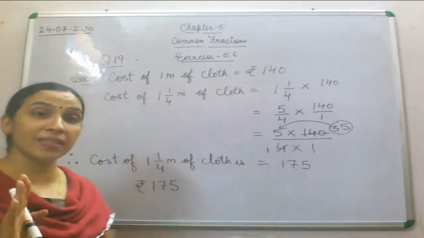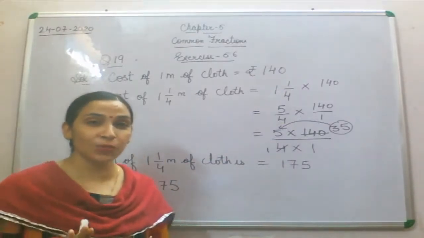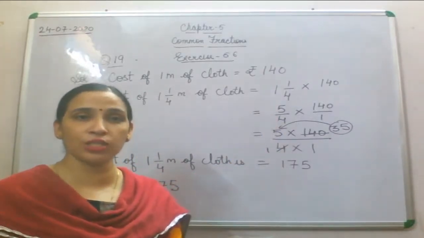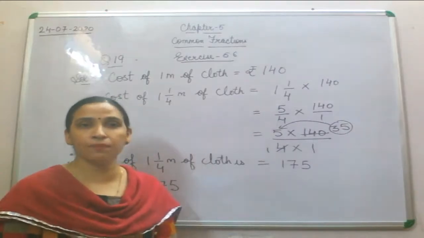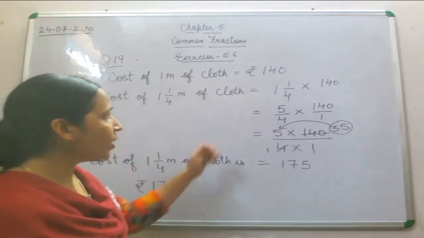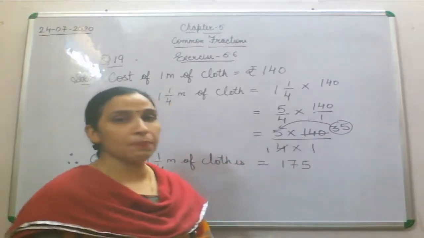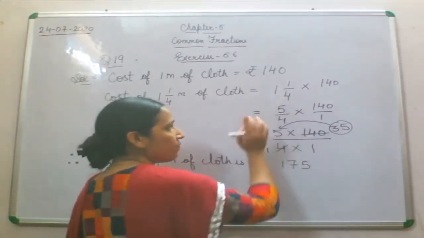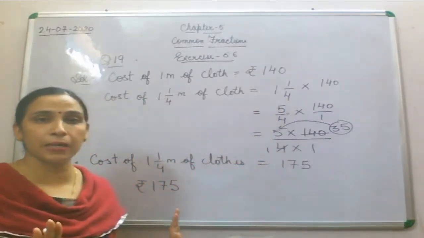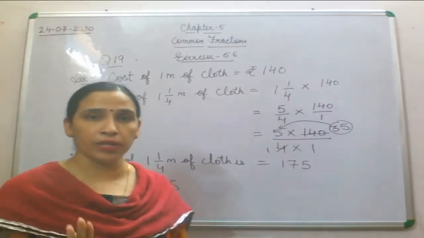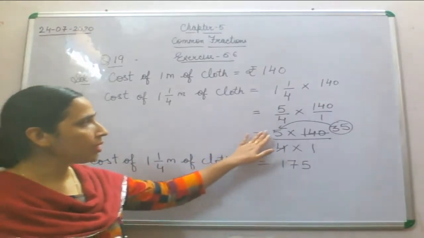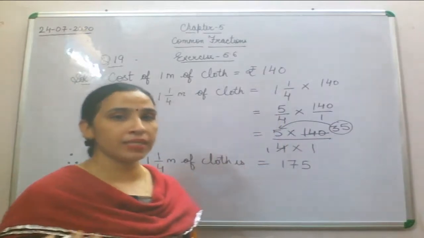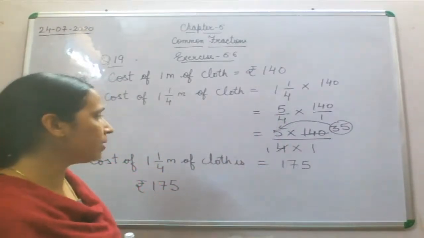That's why we have done that fraction worksheet, so that you will be able to do this multiplication if you get the question in mixed fraction with a whole number. So here 1 by 4 will be multiplied by 140. Now 4 ones are 4 plus 1, 5. 5 by 4 will be multiplied by 140 is equal to, now numerator will be multiplied by the numerator and denominator will be multiplied by the denominator.